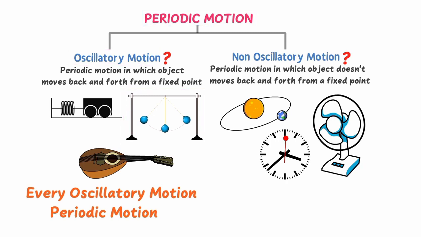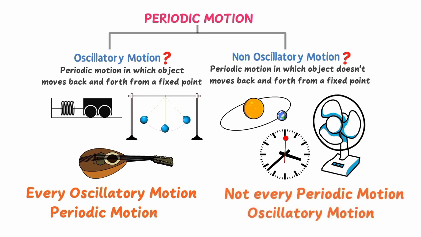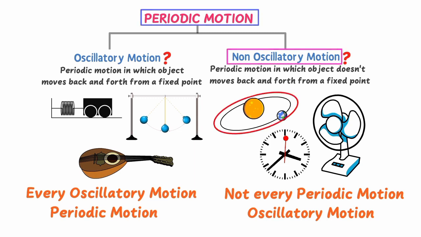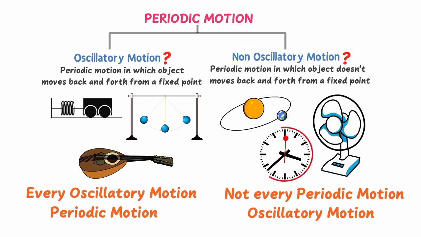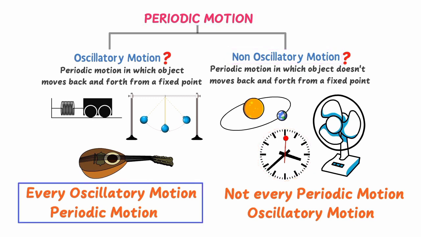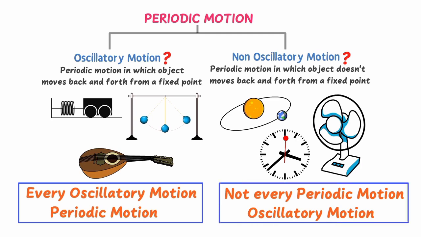Secondly, we learn that not every periodic motion is oscillatory motion. For example, the motion of the earth is periodic but not oscillatory. The motion of hands of a clock is periodic but not oscillatory. Thus remember that every oscillatory motion is periodic motion, but not every periodic motion is oscillatory motion.